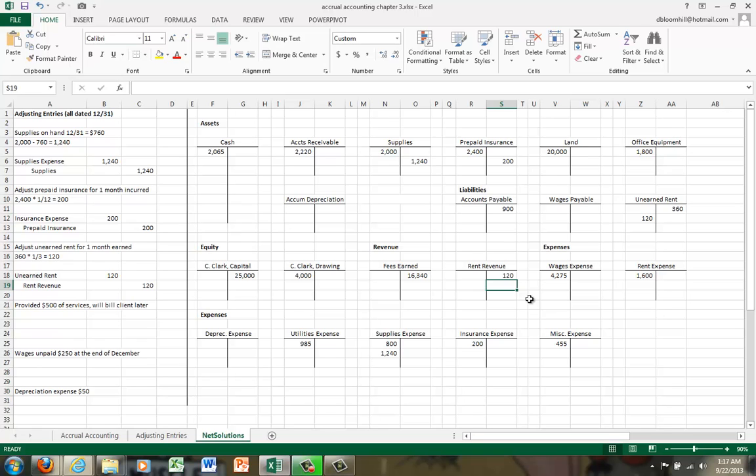Alright, we're now done with our third adjusting entry. We're now down to the fourth adjusting entry. We've provided $500 worth of services. In the book they talk about the number of hours and the contract, but as of the end of December, we have already provided 25 hours of services, and we have not yet billed the client for those services.